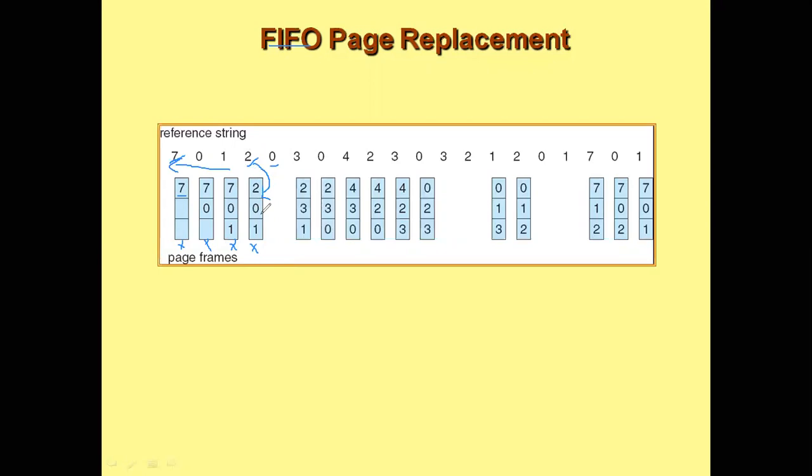So this is not a page fault, that is, 0 is not missing. This condition is called a hit. If you find the page in the main memory, then it is a hit. If you don't find it, it is a page fault, which is indicated by a cross sign. So this 0 was not brought from the disk, it was kept as it is. It was not touched.